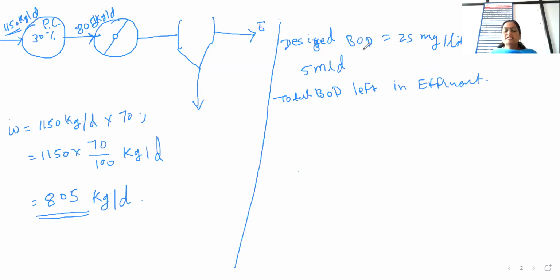Okay, desired in the sense that much is allowed. That is the standard limit with the primary and secondary treatment unit operations. After that, you are allowed to dispose of that wastewater into the nearby water body or on the land. So that way we use the word desired. So desired BOD is given to you as 25 milligram per liter, but the total quantity is 5 million liter per day.